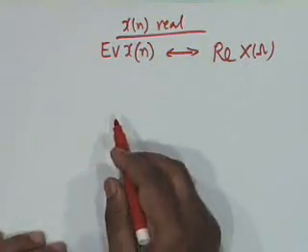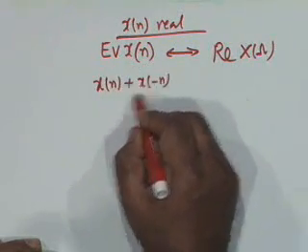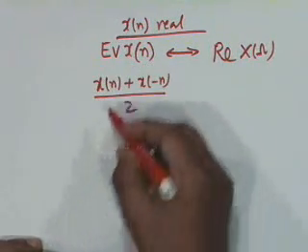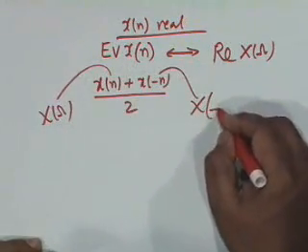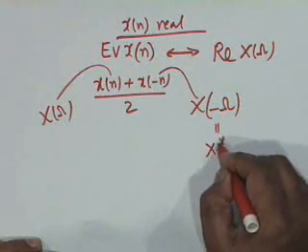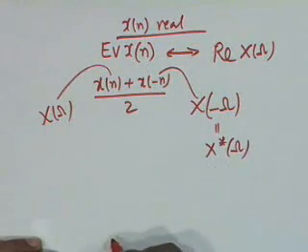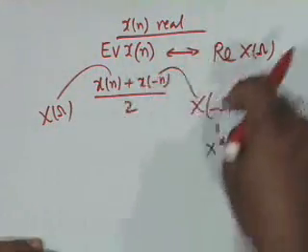The proof is extremely simple. You take x of n plus x of minus n by 2. This transforms to capital X of omega, and this transforms to capital X of minus omega, which is simply equal to X star of omega, and therefore X of omega plus its conjugate divided by 2 must be the real part.